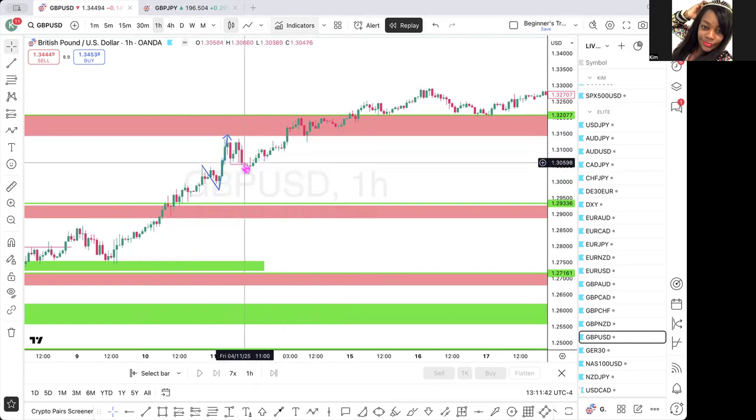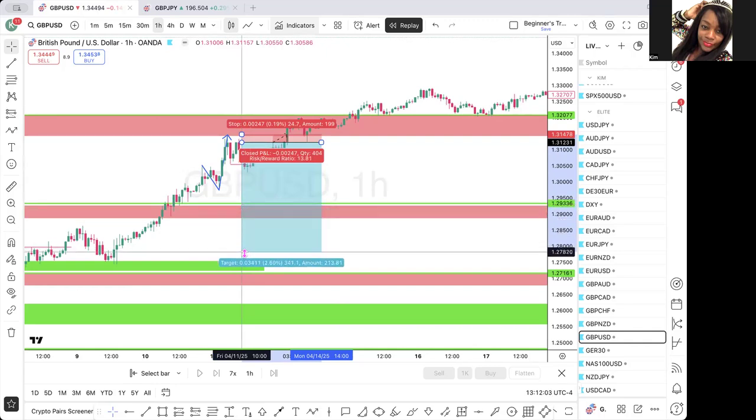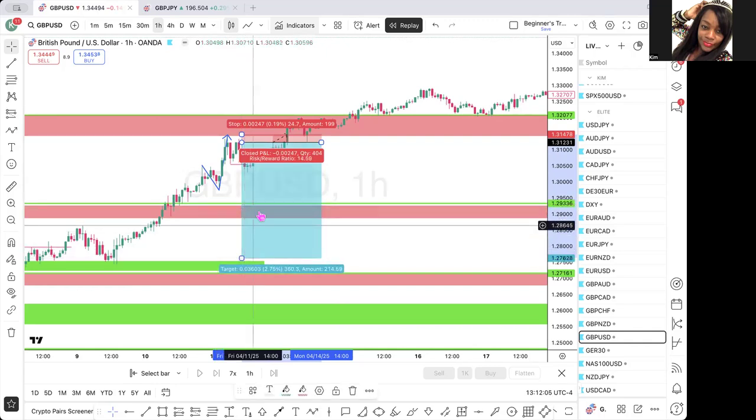The market will play you if you don't know structure and then take your money, because most people would have seen a double top, would have set their limit here, would have been looking to sell down to wherever, and then price would have come and stopped them out.